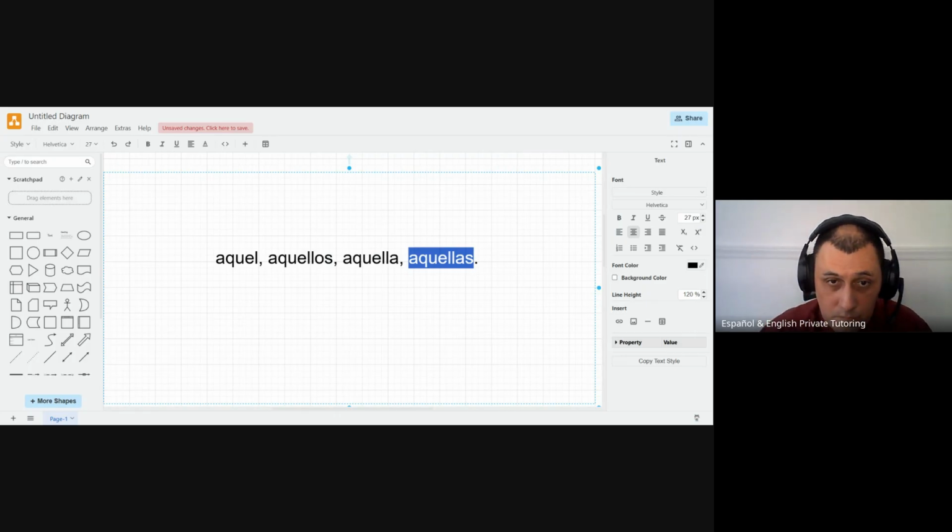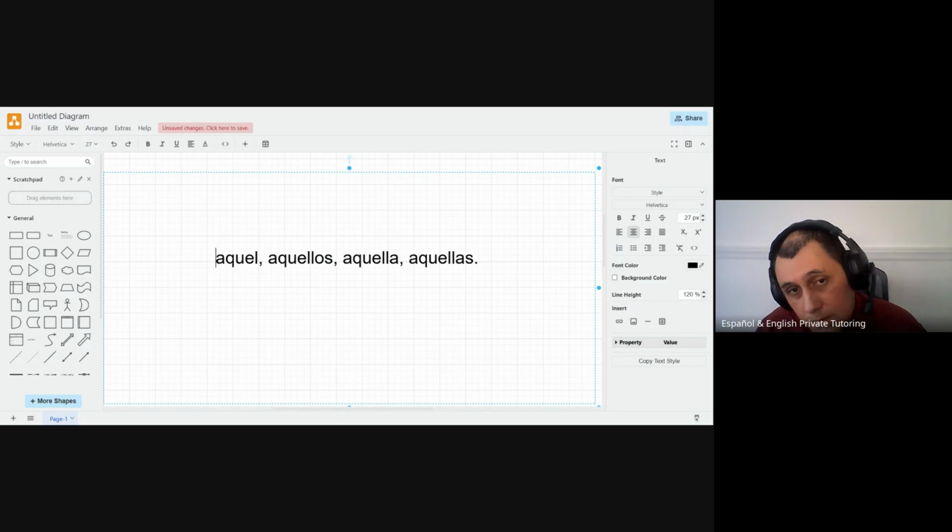So the book says that these four are only used when the noun or person, animal, or thing is far from both the speaker and listener. And that is correct. So that's the difference between the ones that I explained before, ese, esa, esos, and esas, that can be used in both cases.